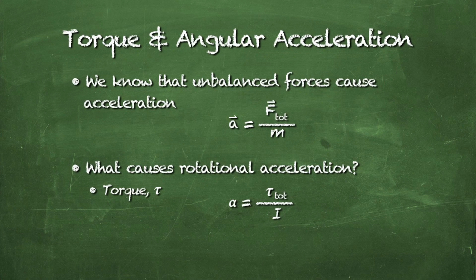Torque, which we'll symbolize with a lowercase Greek tau, appears in an equation similar to Newton's second law, which would be angular acceleration, alpha, is equal to the total torque on an object divided by something that we call rotational inertia, which we symbolize with a capital I. So our analogous equation to Newton's second law for rotation is angular acceleration is equal to the total torque on an object divided by rotational inertia.